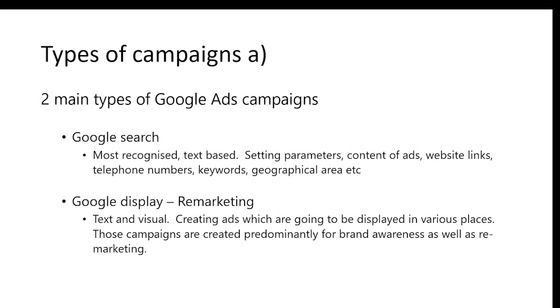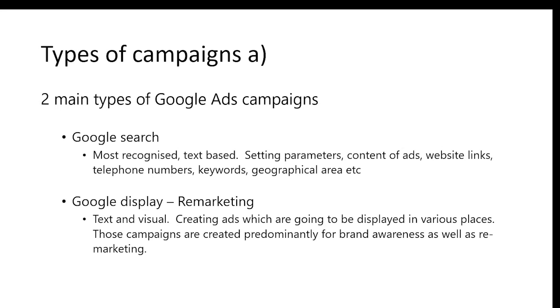Right, so going back to types of Google Ads campaigns. The search ads based on text display small messages that are set to convert people to go to you, the company. Those ads could possibly also display telephone numbers.